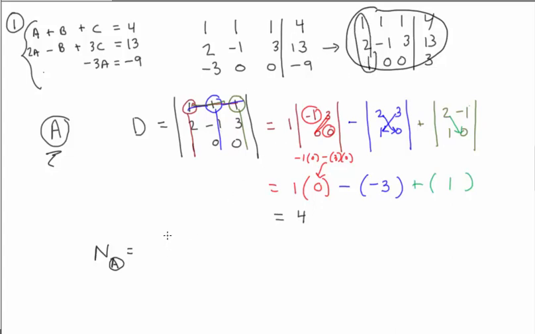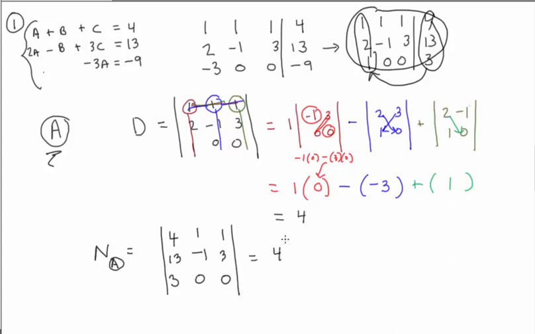So what I do is I replace the first column with the solution coefficients. These are the solution coefficients, and they replace the first column because I'm solving for A. And now I have a new 3 by 3 determinant.